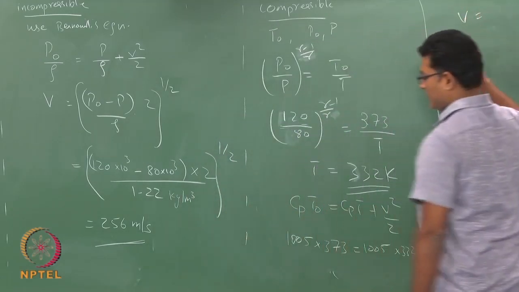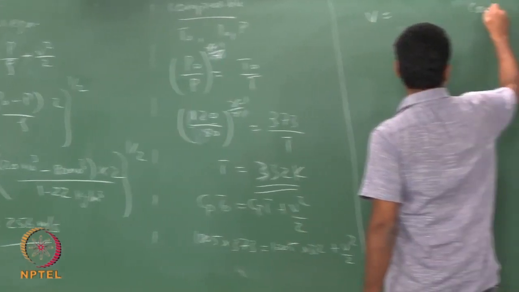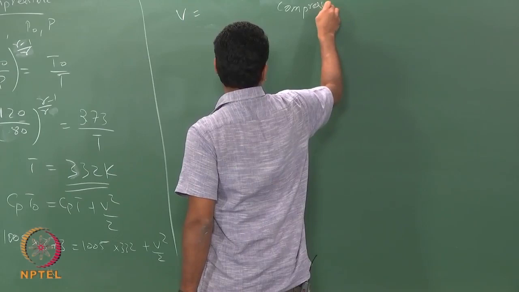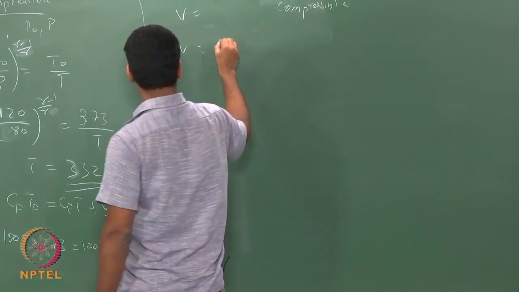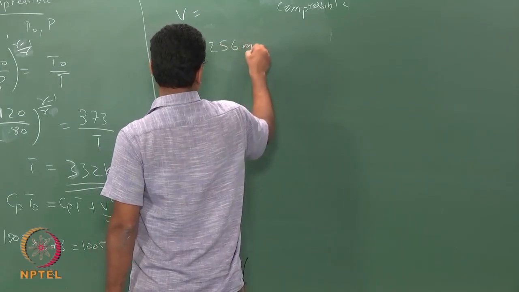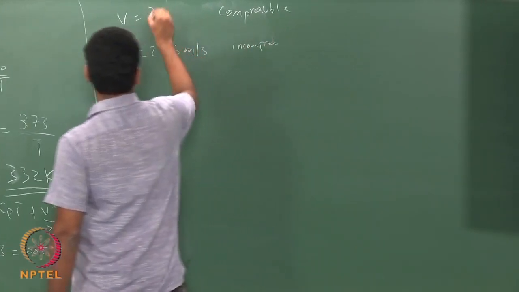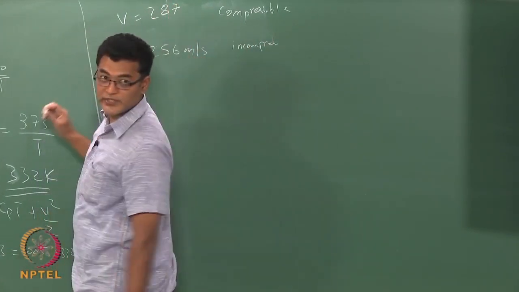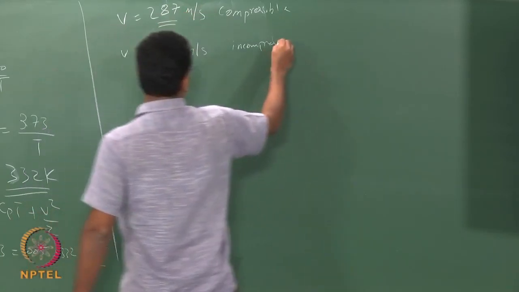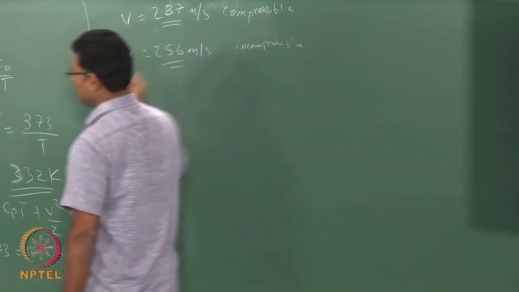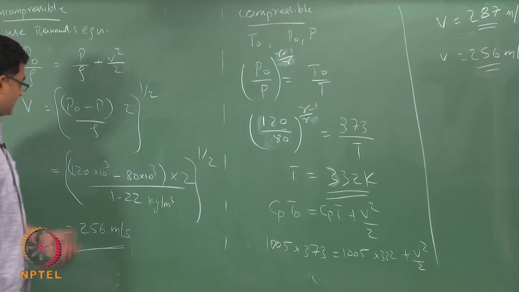your V to be 287 meters per second. So, that is a difference in your velocity if you have assumed incompressible flow.